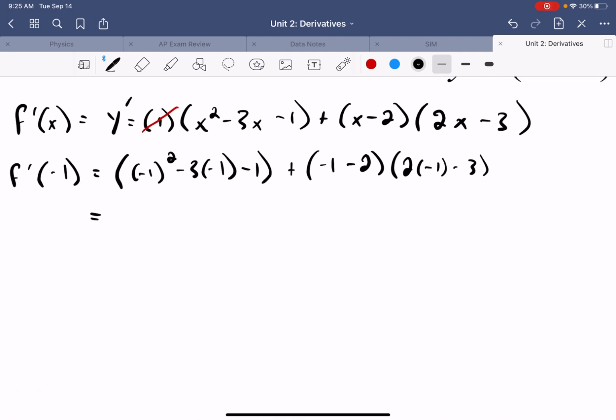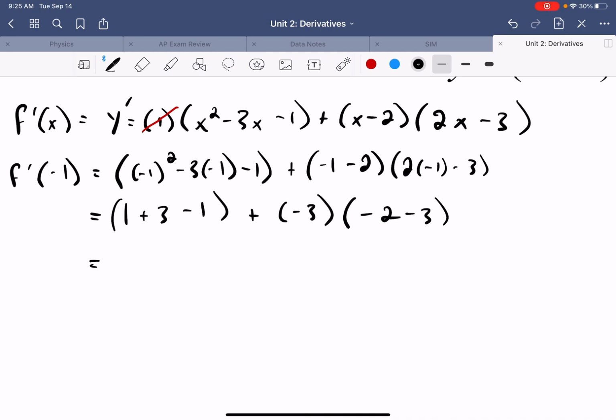So then if we clean this up, -1 squared would be +1. -3 times -1 is +3. And then it's -1 at the end. And then after the plus sign, we have a -1 minus 2, so that's -3. And then the second parentheses is 2 times -1, which is -2, and then minus 3.